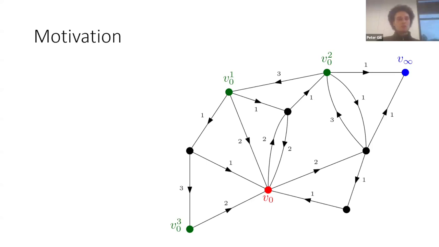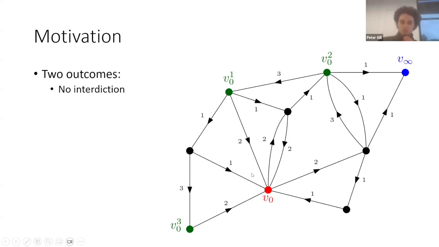So the question is, two outcomes. First of all, no interdiction can happen. An interdiction is when the police can capture the robber, the criminal. So no interdiction means the robber safely escapes to their target node, the infinity, or they get captured by the police, so an interdiction happens.